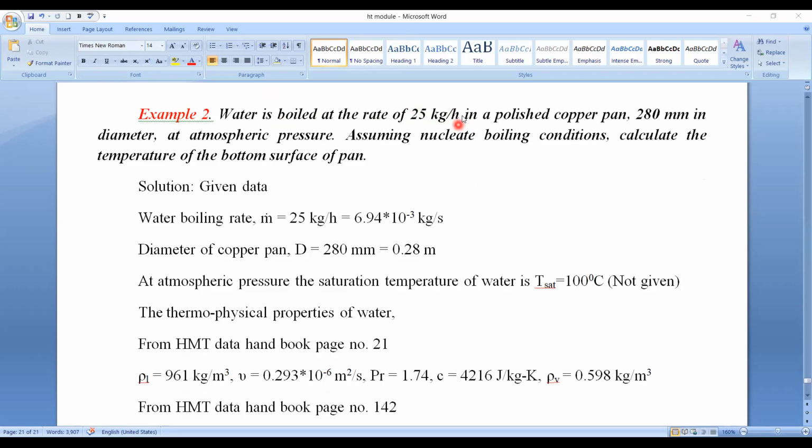So this is m dot, the rate of evaporation, given as 25 kg per hour, in a polished copper pan of diameter 280 mm at atmospheric pressure. So here also he has given the atmospheric pressure. So saturation temperature equals 100 degrees centigrade. Assuming nucleate boiling condition, calculate the temperature of the bottom surface of the pan.